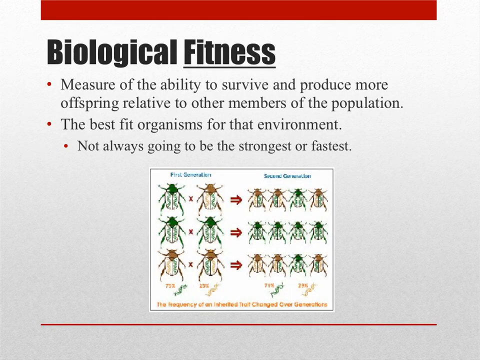Biological fitness is an organism's ability to survive and produce more offspring relative to other members of the population. The best fit organisms for that environment. That doesn't say they're going to be the biggest, strongest, fastest organisms. It just says at that time, at that place, they are the best fit organisms for that environment.